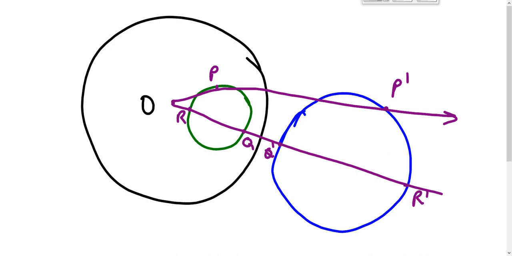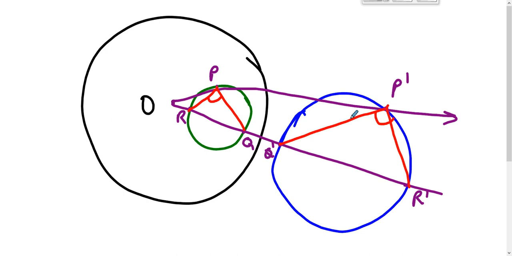It can be shown without too much trouble that angle RPQ is congruent to angle R prime P prime Q prime. It can be shown. You're going to do that with angle sums and similar triangles, and you're going to play with that for a little bit.